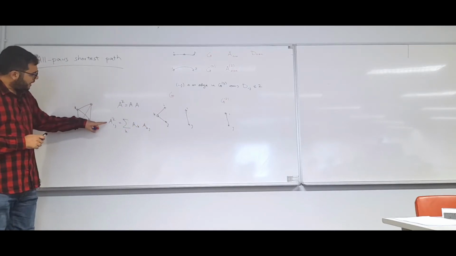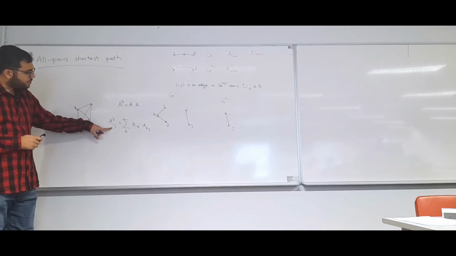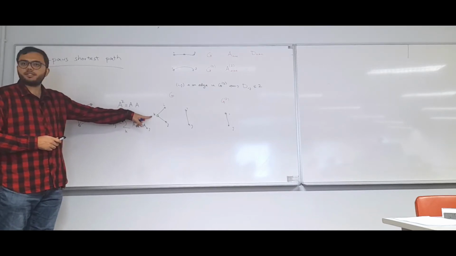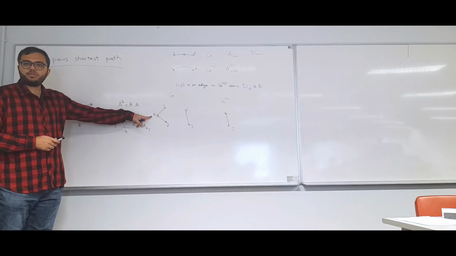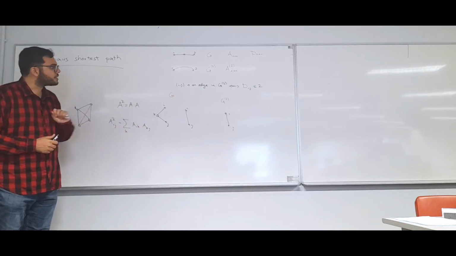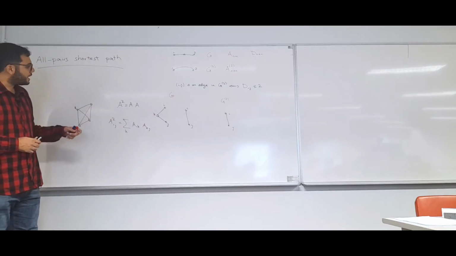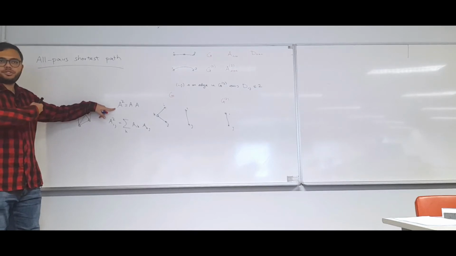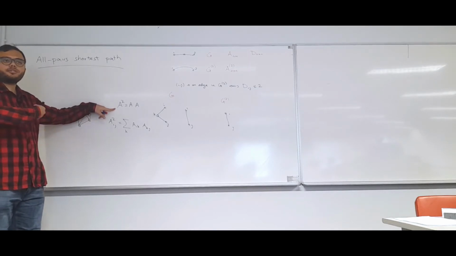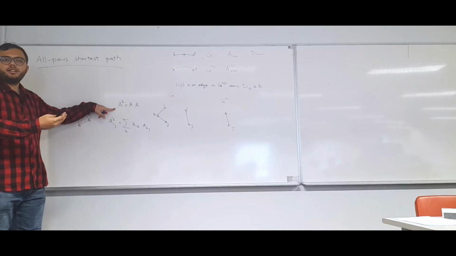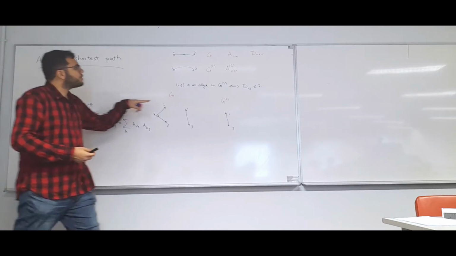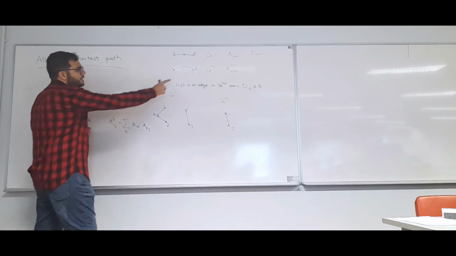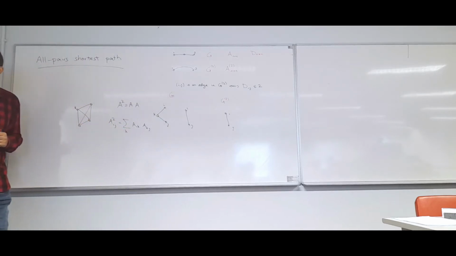So A squared ij would be non-zero if there is a k like this. And it would be 0 if I don't have a k like this. So I can just compute this A squared, and then I can just do a pass over it and turn all of the non-zero elements into 1. Right? And then that would give me this A2. So these two are not exactly the same matrices, but they're quite similar.